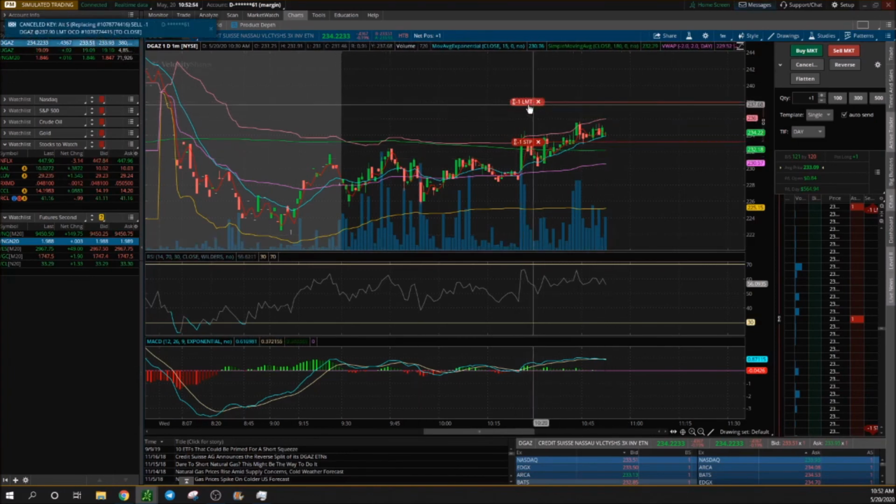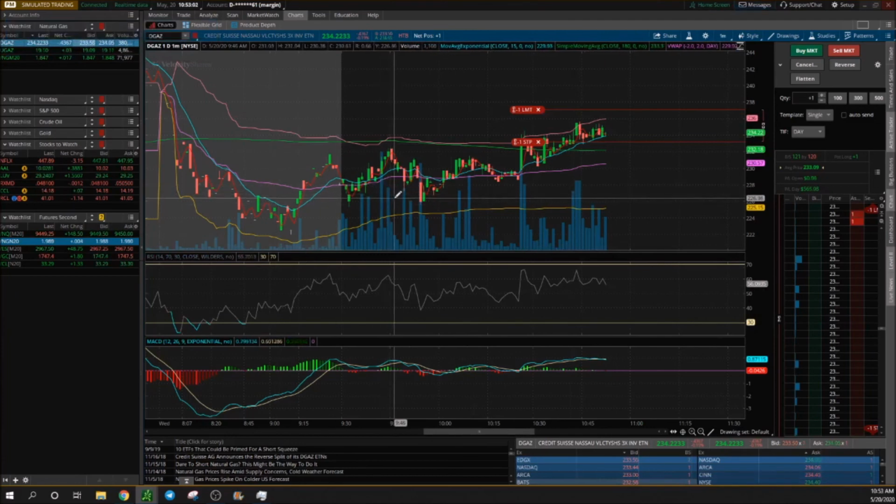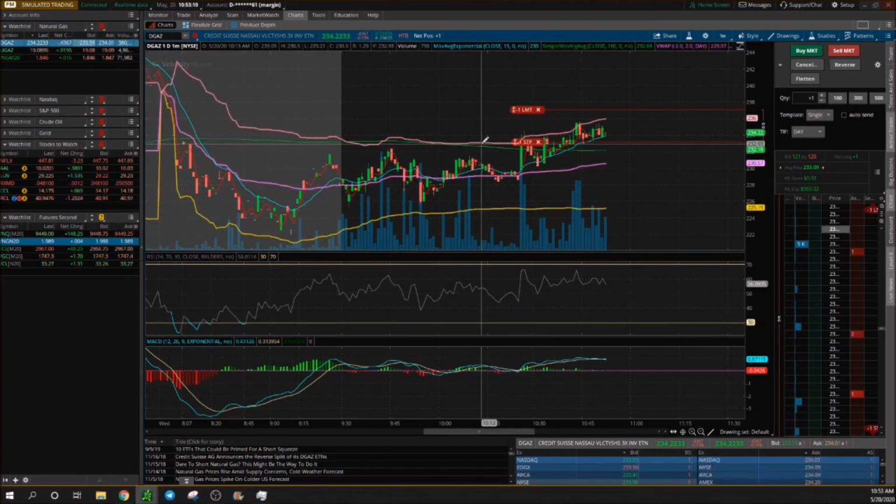I don't like having the auto send on because, like I said, I like to use my hotkeys on the keyboard. So if I hit Alt S to set up my OCO brackets, and that's on auto send, then it's going to set it in with whatever the default is, and it might sell me out of my position and cost me a lot of money or stop me from having a good opportunity, right? And we don't want that.